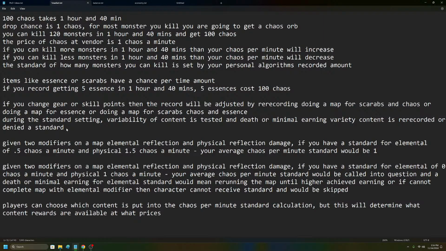And you don't really want to do maps, so you want to automatically run those maps.